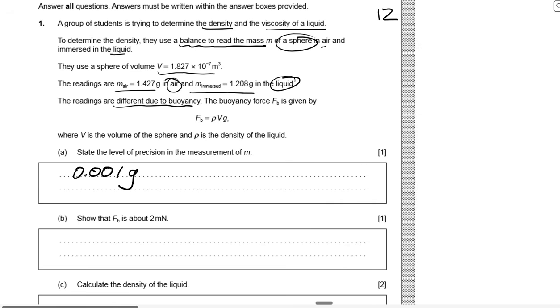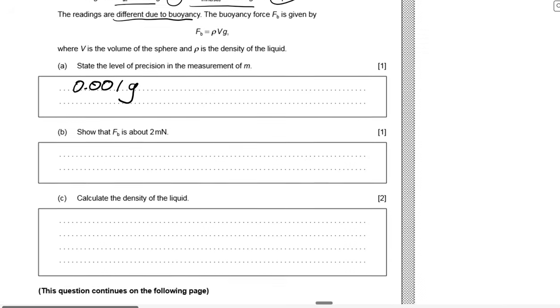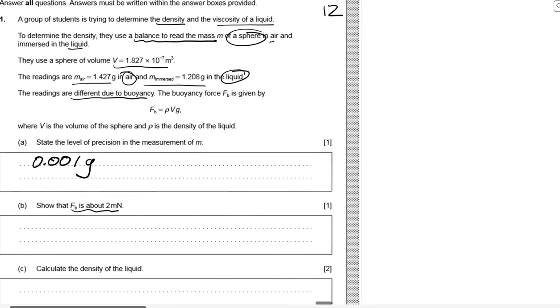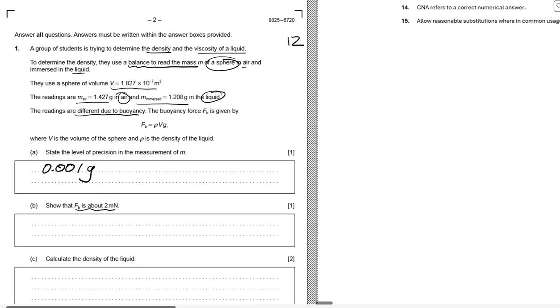And so, let's look at B. Show that FB is about 2 millinewtons. So we have a buoyancy force now, and we need to understand how these forces interact, right? You may be thinking, how can the mass be different? And that's because the balance does not inherently know the mass, right?